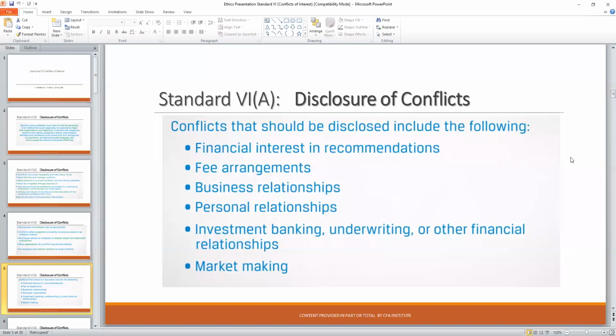So conflicts should be disclosed, including the following: financial interest in their recommendations, any fee arrangements, any business relationships, any personal relationships. Okay, that could impact your judgment. Investment banking, underwriting, or other non-financial relationships, and any market-making relationships.